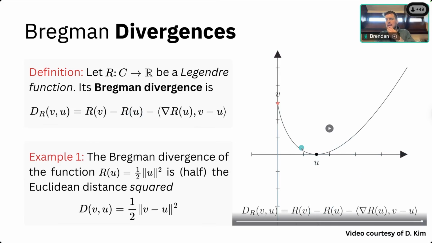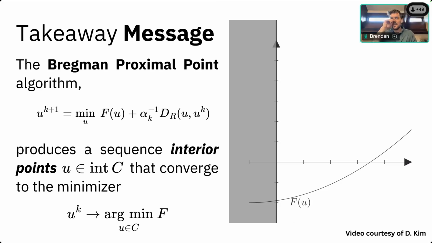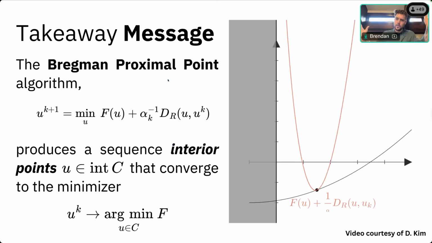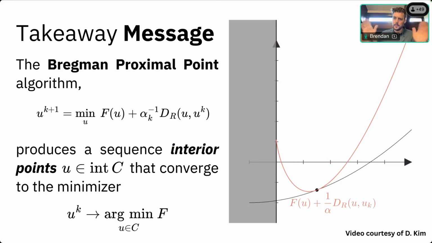Right? And as you vary V, you end up seeing that at the boundary of the domain, the tangent plane is vertical, meaning that the distance between V and U ends up becoming infinity. And the takeaway message is, because the distance grows, it's penalized non-symmetrically between these two different points.